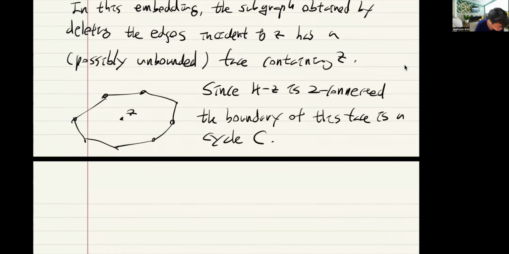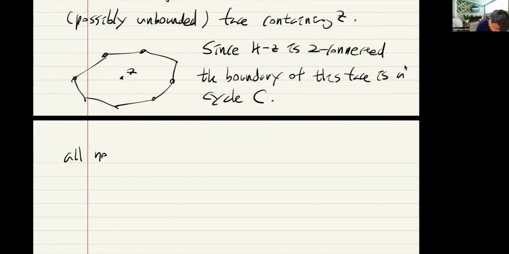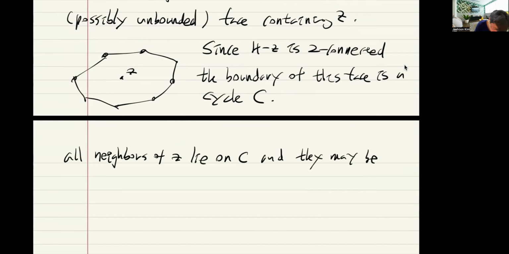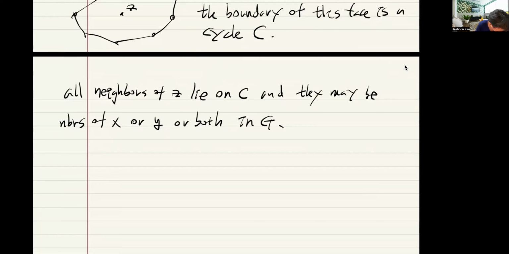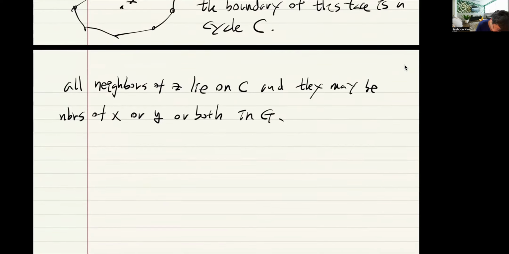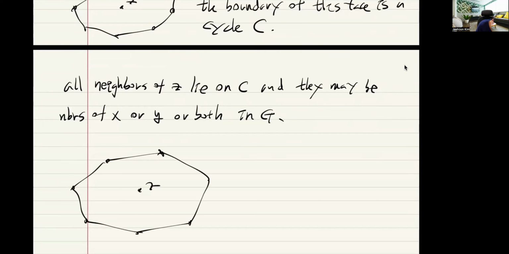So this is the cycle C. And all neighbors of g lie on C, and they may be neighbors of x or y or both in G. So what do we know? So in the original embedding, you have g, and then you have this, right?